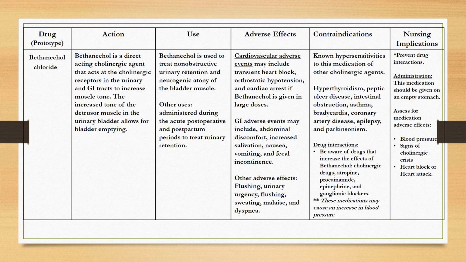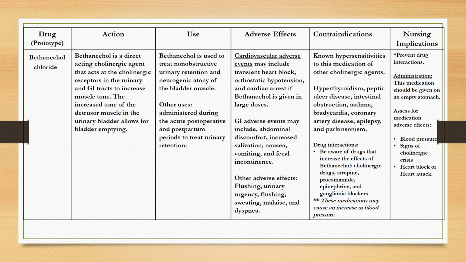And then our last but not least medication is the bethanechol, and it is a direct acting cholinergic medication. This is used for urinary retention, and it increases the muscle tone of the GI-GU tract to help the urinary bladder to empty.